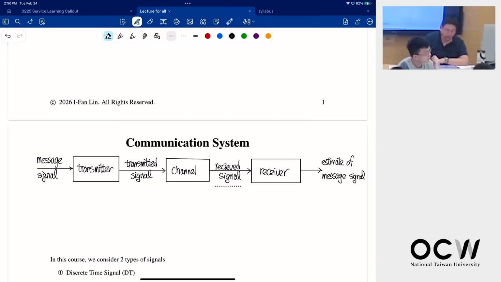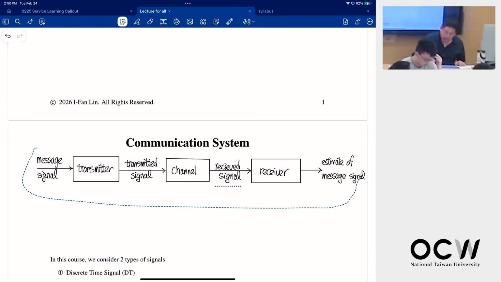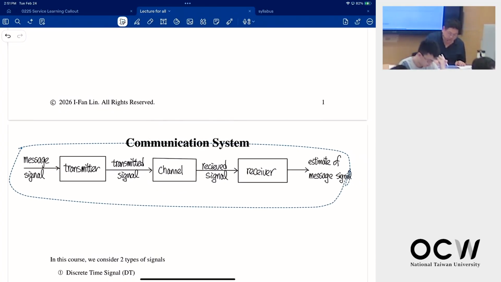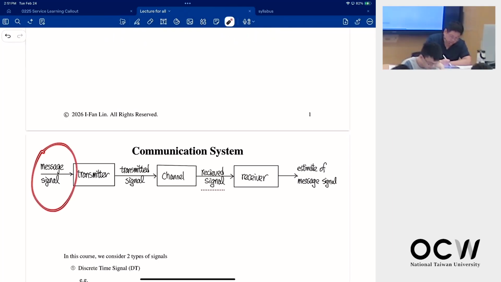Here is the big system. For the message signal, like the video, the computer data, or a speech signal, we call those the message signal.